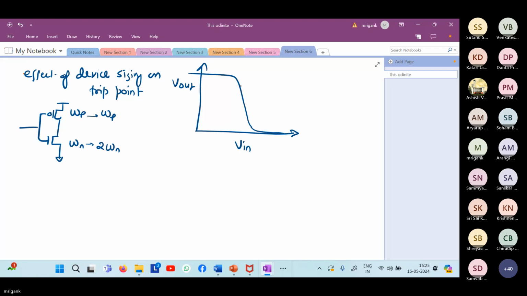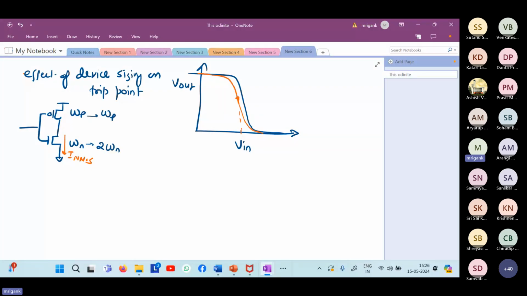Ultimately it is about the on current, how much current the NMOS is able to sink, I_N. So if the W is doubled, for a lower Vin value the NMOS will be sinking the same amount of current as earlier. As a result, it will try to pull down the output voltage at an earlier point.